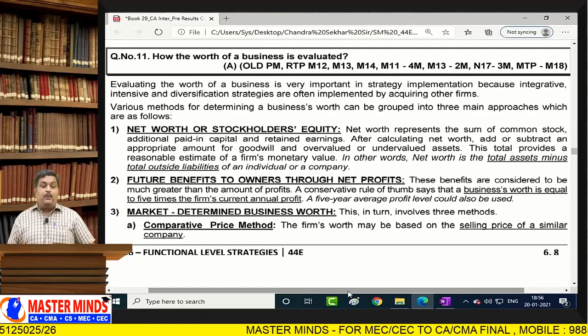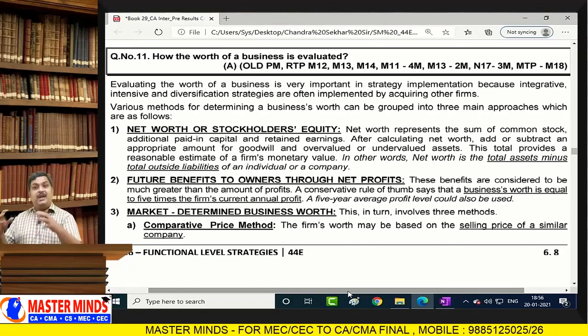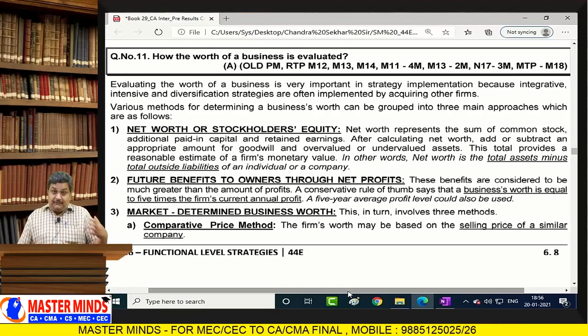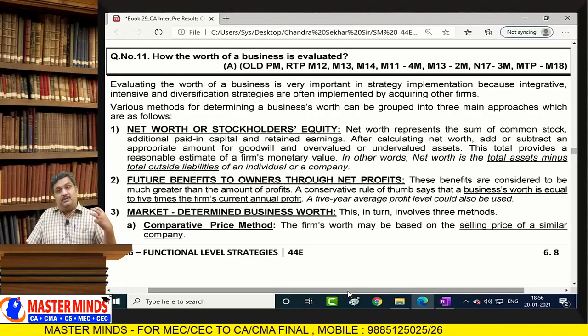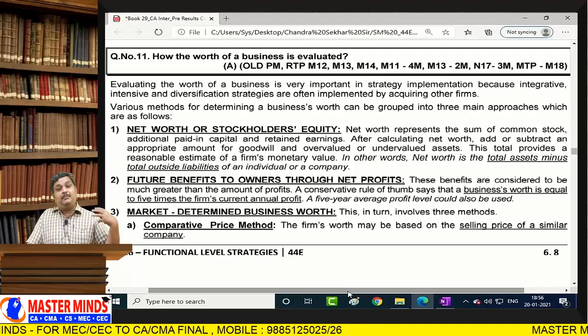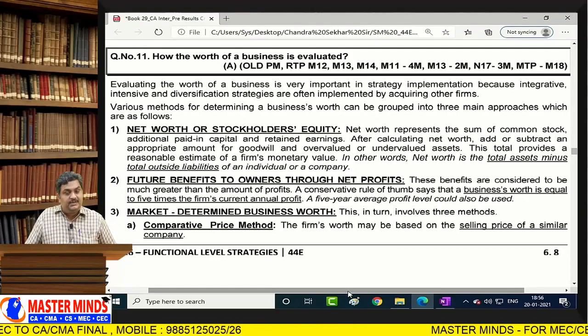Also we need to know the net worth of the company to create a positive image among the public. If our company has a good actual worth, that is great news to our shareholders, and many people are attracted towards our company to invest their money into the shares of our organization.